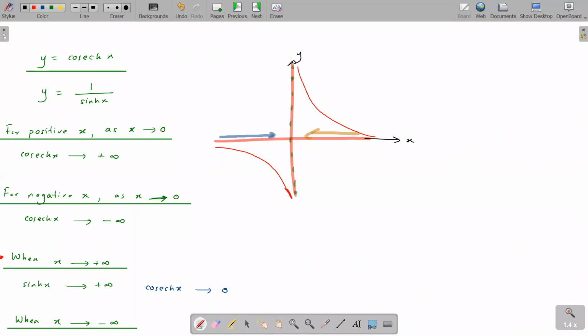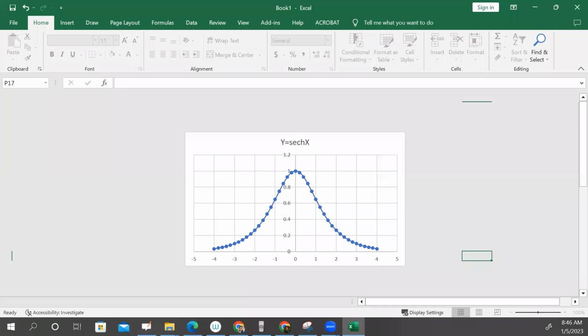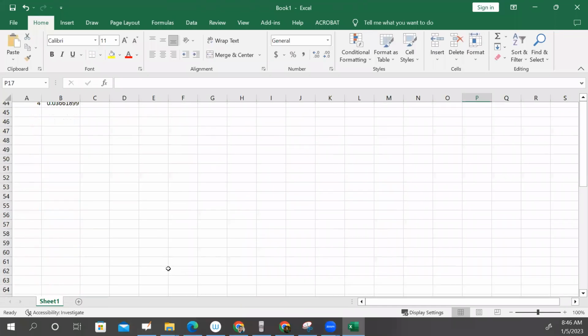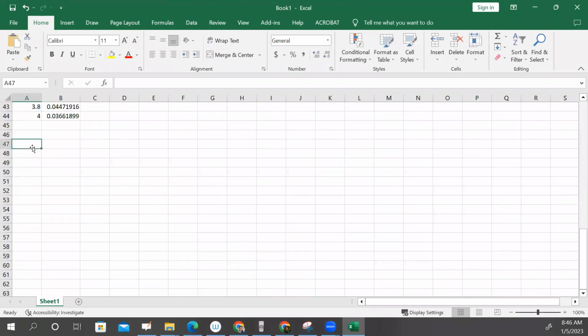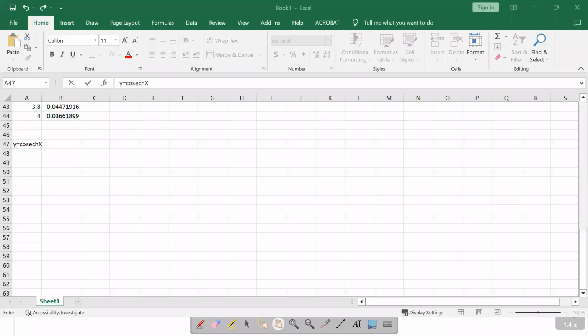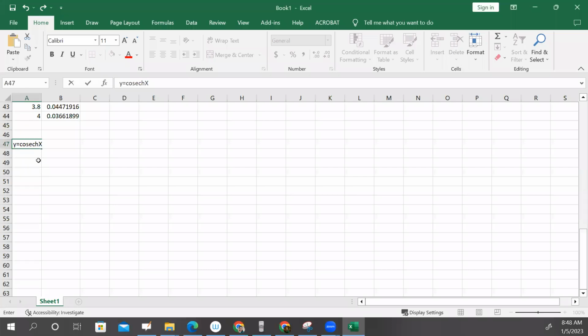All right, so let me show you the simulation from Excel as well. So I'm going to draw y equals cosech x.